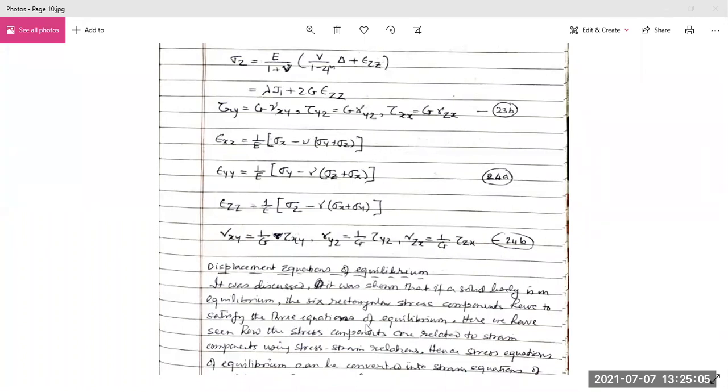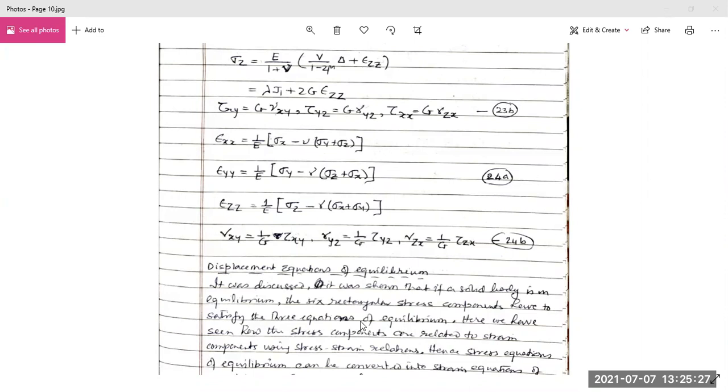Means we are assuming that a particular point in the solid body which is under load is subjected to stresses in 3 mutually perpendicular directions, say sigma x, sigma y, and sigma z, and the shear stresses in the xy, yz, and zx planes.